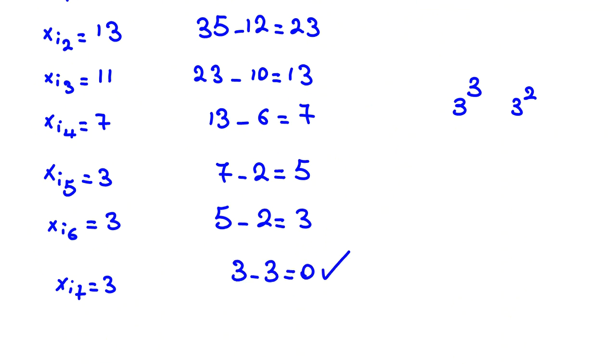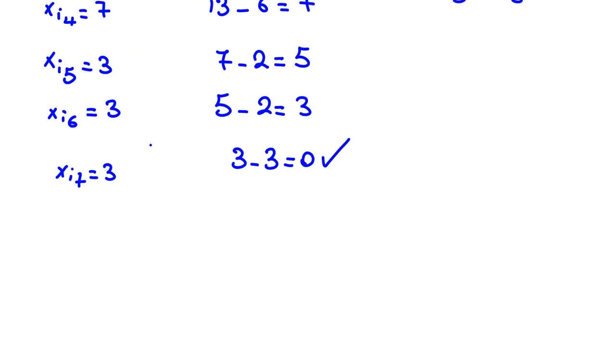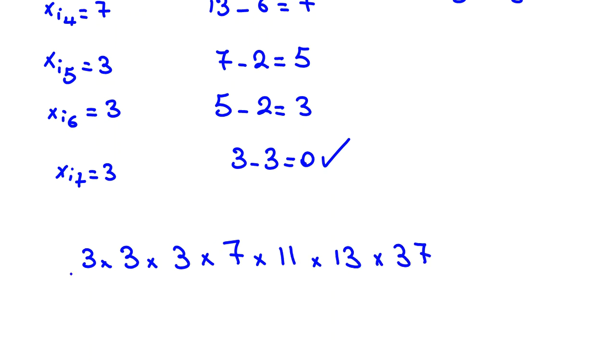So we understand that if xi1 to xk, we have 3 times 3 times 3 times 7 times 11 times 13 times 37. So without loss of generality, we can say it is x1, x2, x3, x4, x5, x6 can be equal to this x7.